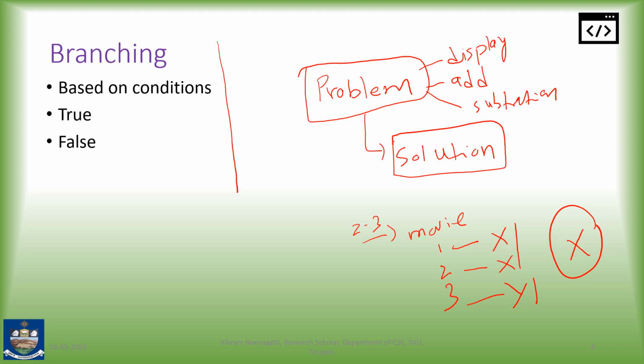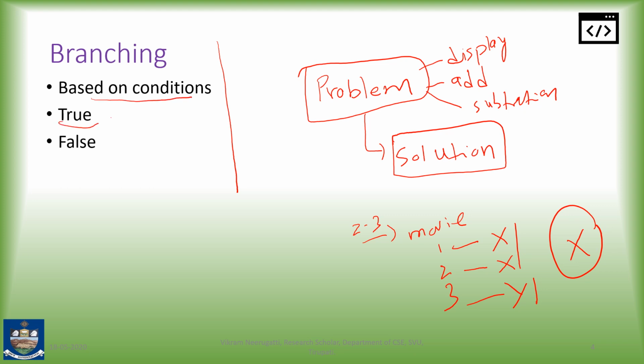So here we may have two or more options, but finally we need to choose one option. How will we choose that? Based upon the conditions. Similarly, for real kinds of problems in a programming language, we need to find solutions as well. That's the branching based on the conditions.